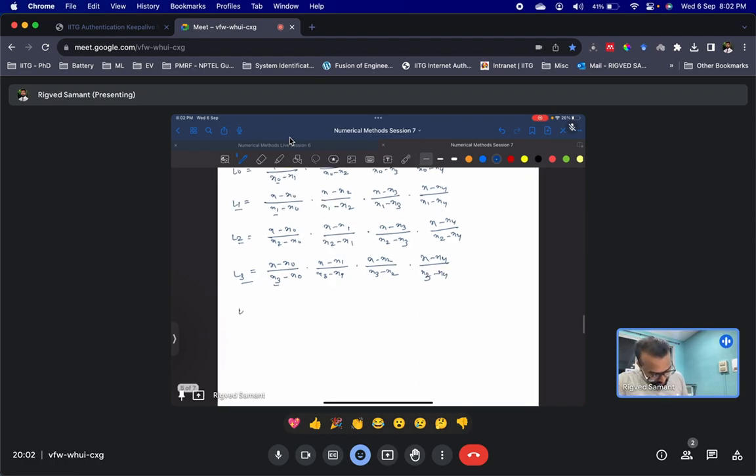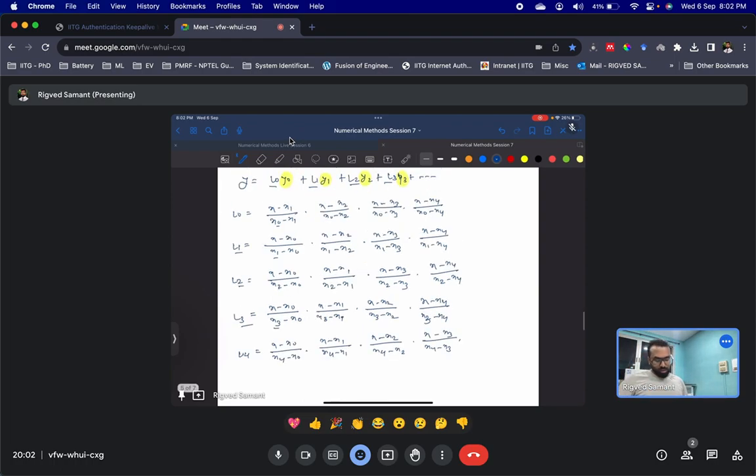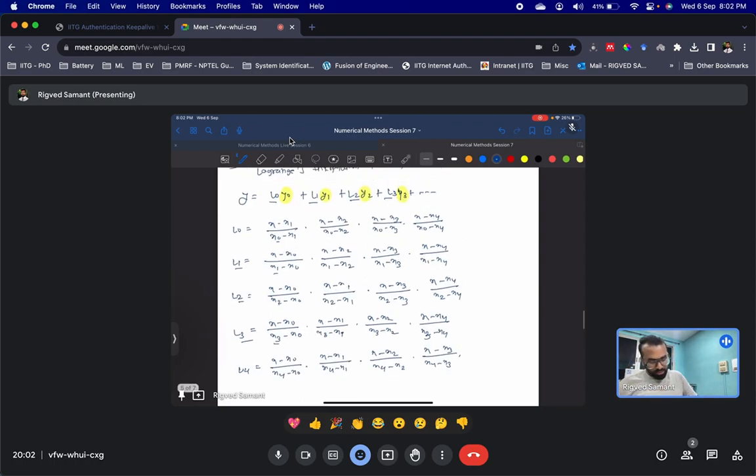Now for the last one, L4 is (x minus x0) divided by (x4 minus x0), into (x minus x1) divided by (x4 minus x1), into (x minus x2) divided by (x4 minus x2), into (x minus x3) divided by (x4 minus x3). So these are your L1, L2, L3, L4.